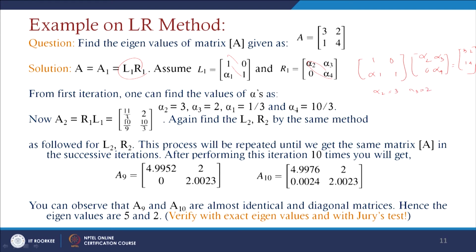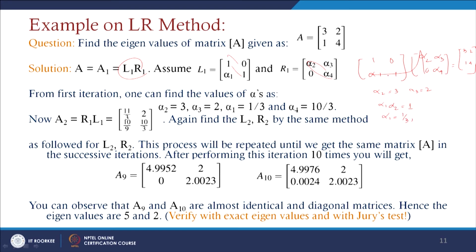If you take the product alpha 1 into alpha 2, that equals 1 here. Since alpha 2 is known as 3, alpha 1 equals 1 by 3.